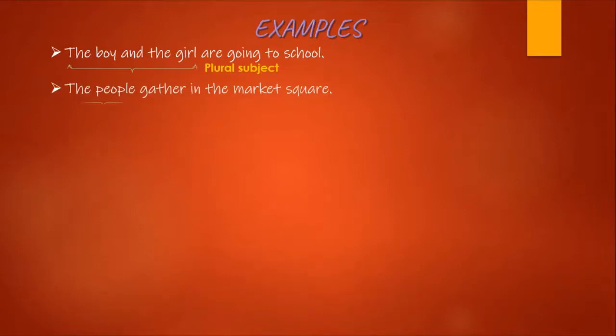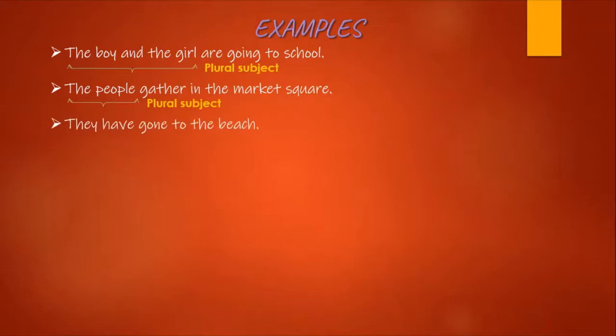So what we have here, the people. Now, one single is person, many becomes people. So the people, which is a plural subject, and as you can see, gather, plural verb. Plural verb not taking s or es at the end.